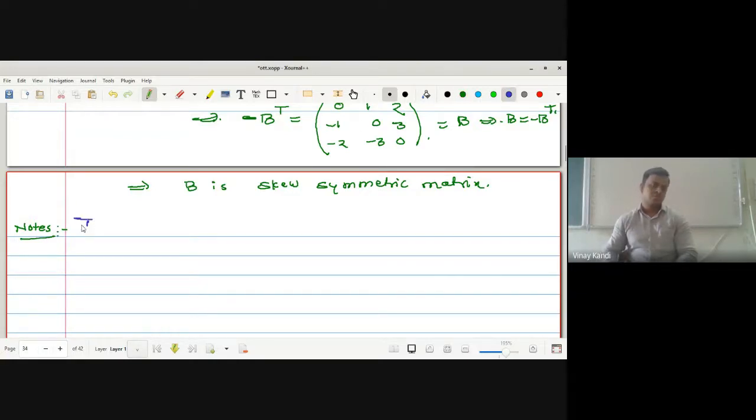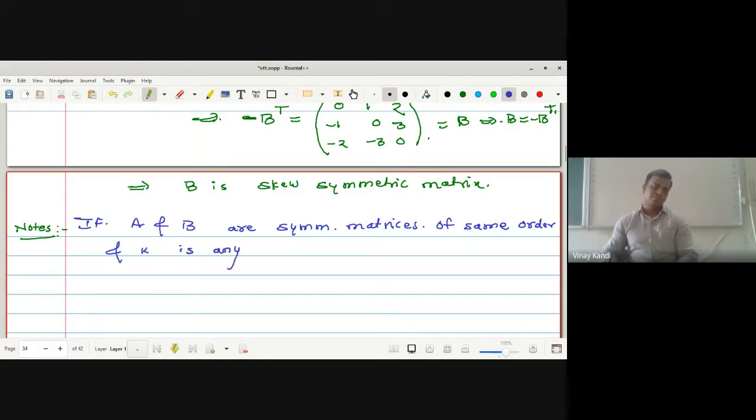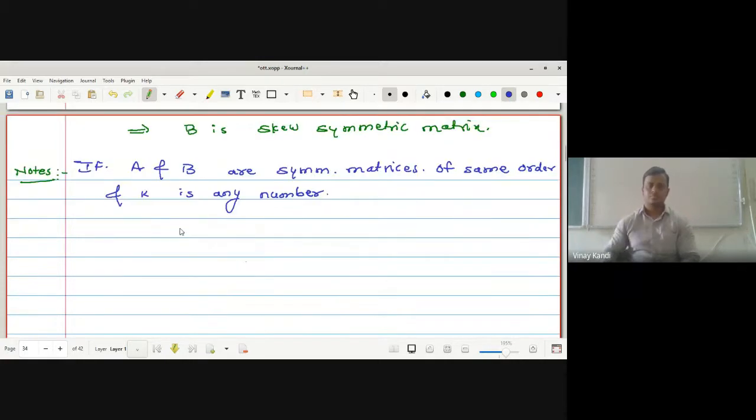If A and B are symmetric matrices of the same order, and small k is any number, then look here.